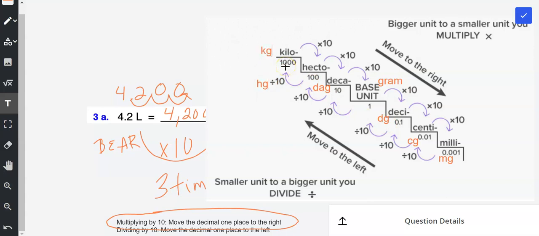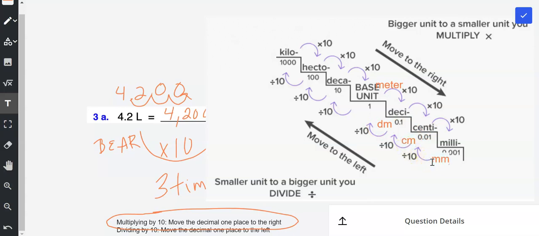And then we just have one more way to look at it. If we were talking about measuring length instead of measuring mass or capacity, grams and liters, when we're measuring length, we would say the base unit is the meter. So then decimeters, the abbreviation would be DM. Centimeters, we'd say CM.